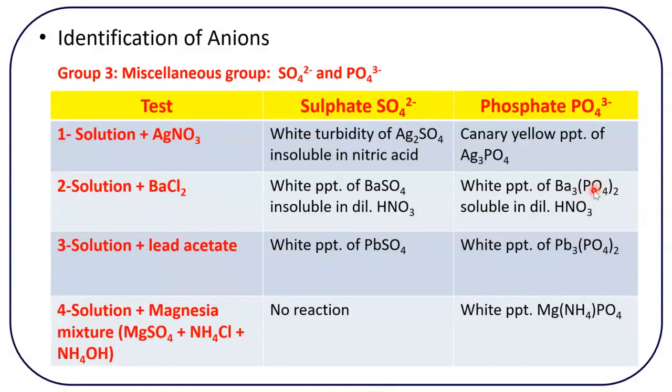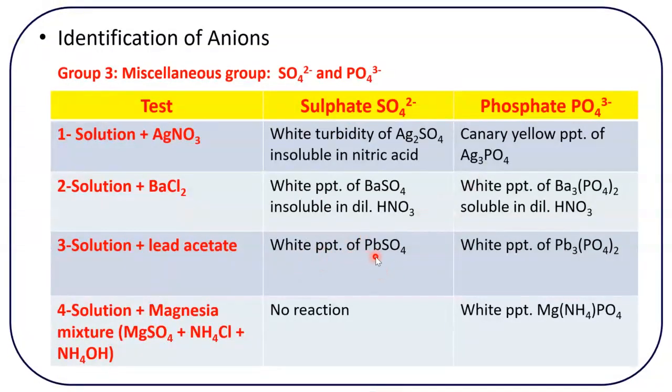Because the charge on the PO4 group is minus 3. This precipitate is soluble in dilute nitric acid. If you add nitric acid, you will see that the precipitate disappears. The solution plus lead acetate, in case of sulfate and phosphate, you will see a white precipitate.